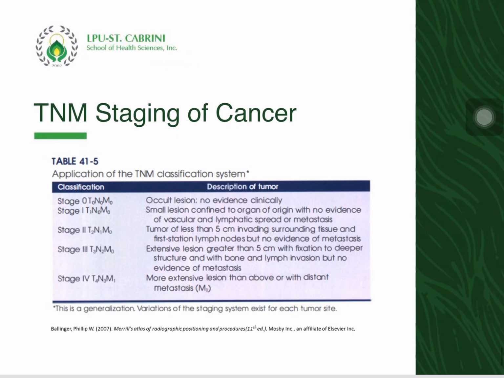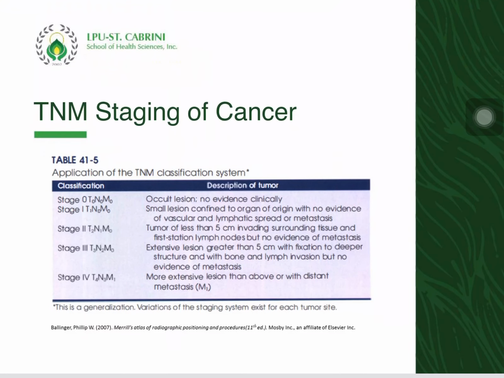So here is the application of the TNM classification system. We have here the classification and the description of the tumor. So for stage 0, it says that the T, N, and M is 0. Like, there's no evidence clinically. Occult lesion.